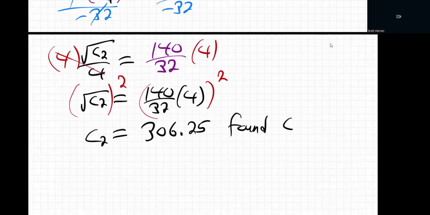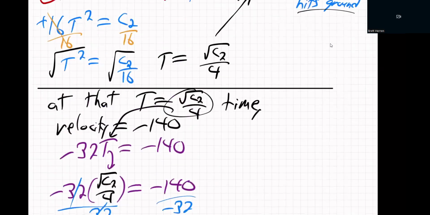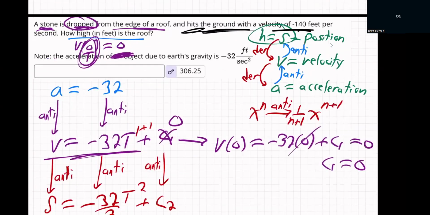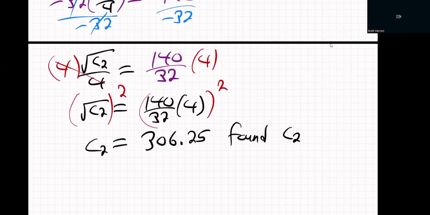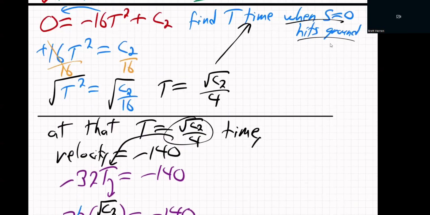So we found C2. So what? Well, that means we can now answer their final question, which is: how high is the roof? Well, let's go back. Height is the position equation.